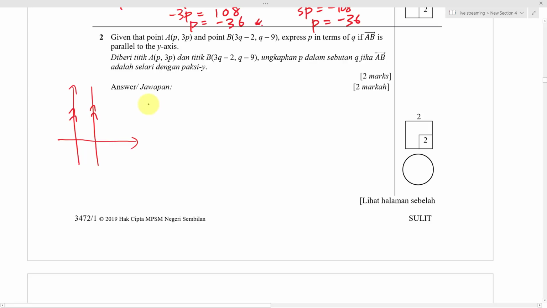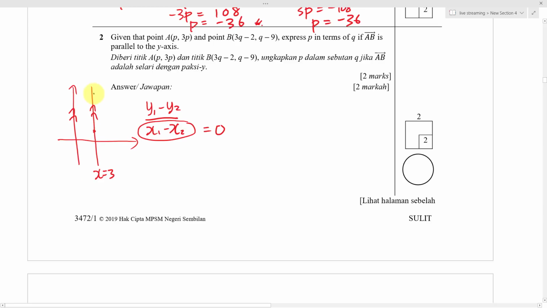If I use the gradient formula, y1 minus y2 over x1 minus x2, my denominator will equal 0 when the line is parallel to the y-axis. Correct or not? If I give a random coordinate, say this line is x equals 3, x equals 3 is definitely parallel to the y-axis.